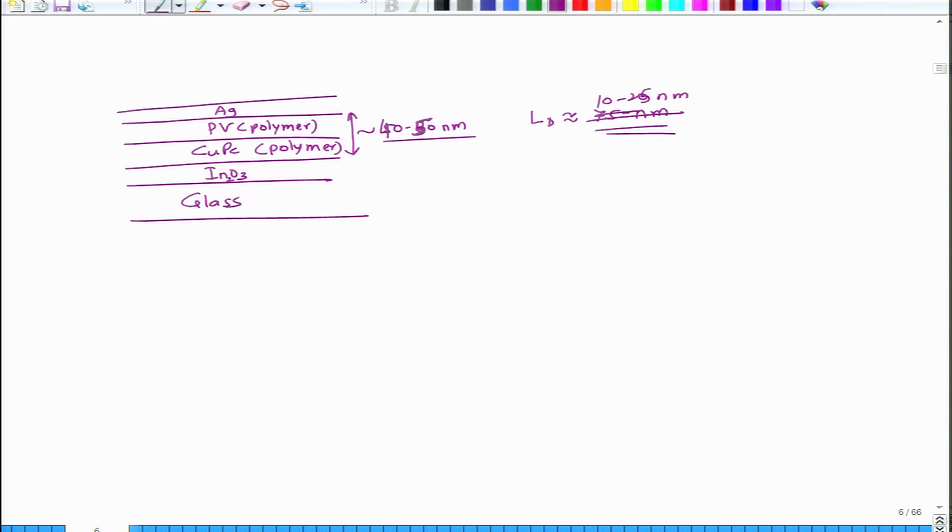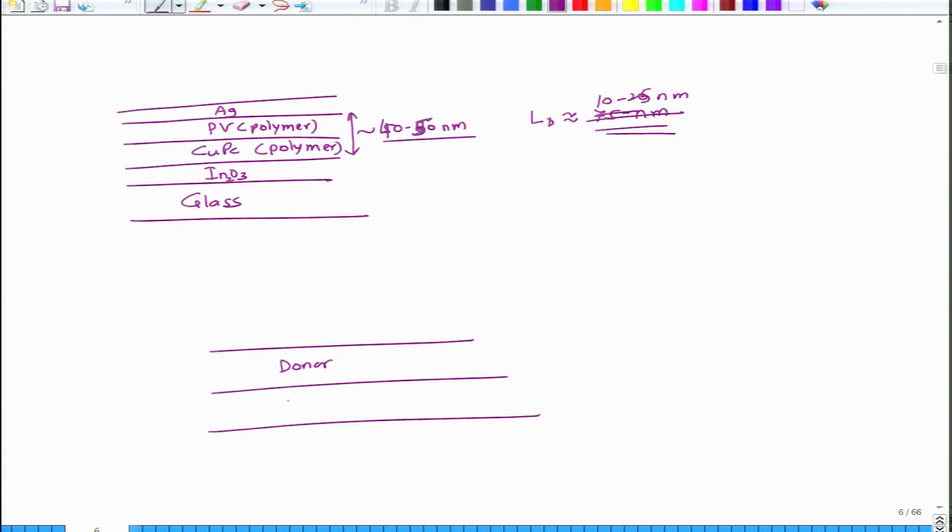So you can have a configuration like this. You can have donor, you can have acceptor, this is the junction. On the acceptor side, let us say we have cathode, on the donor side we have anode. So you have hole collection on this side and electron collection on this side.